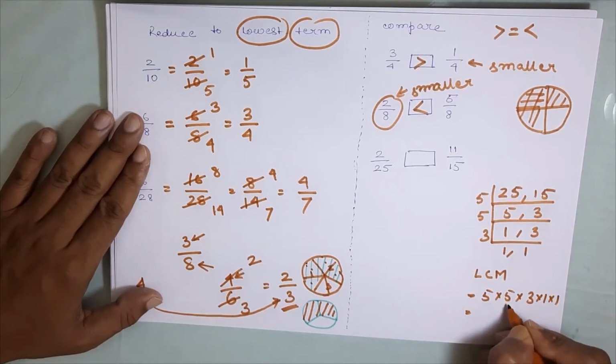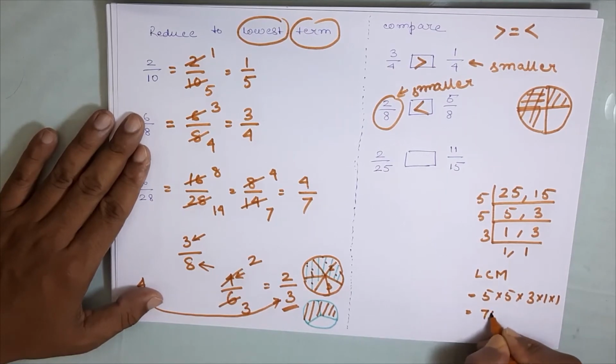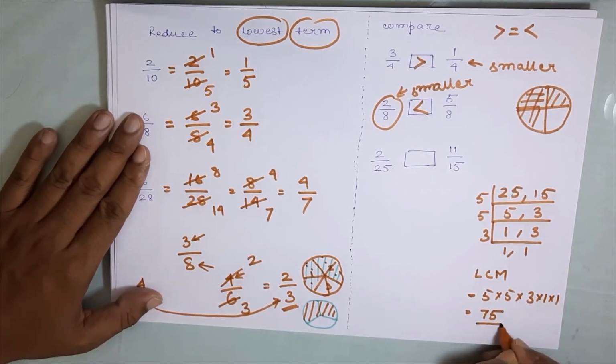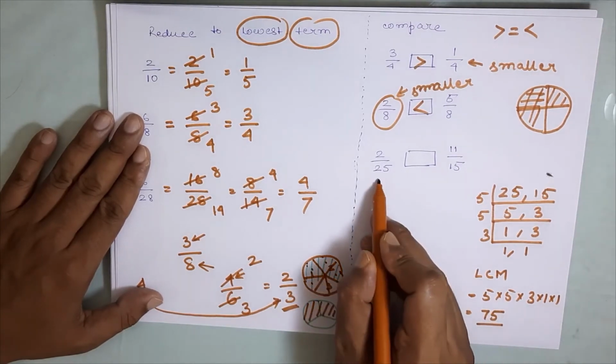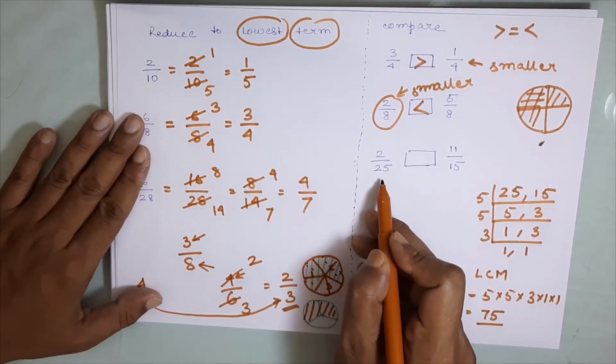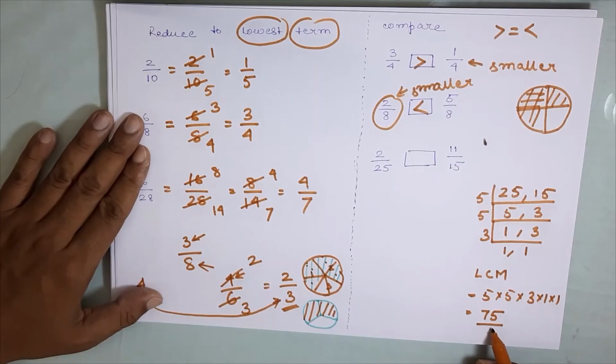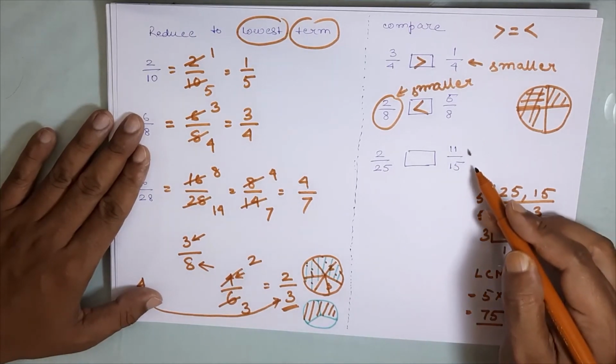5 5s are 25. 25 into 3 equals 75. If you can see, you can divide 75 by 25. So 75 is your dividend and 25 is your divisor. The answer will be 3. And 75 is your dividend and 15 is your divisor.